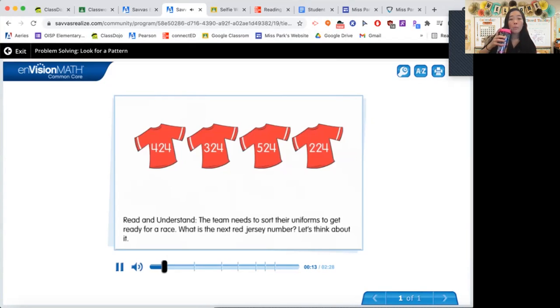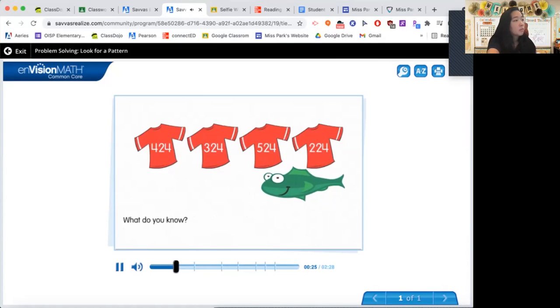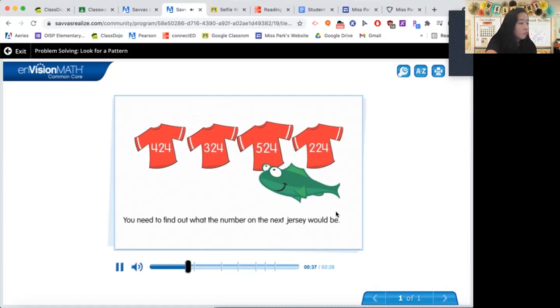Read and understand. The team needs to sort their uniforms to get ready for a race. What is the next red jersey number? Let's think about it. What do you know? You know the numbers on the team jerseys. What do you need to find out? You need to find out what the number on the next jersey would be.